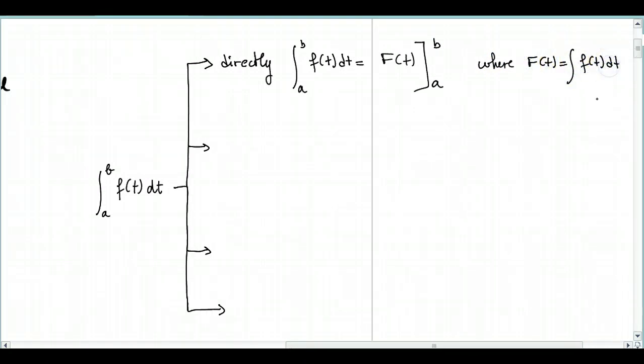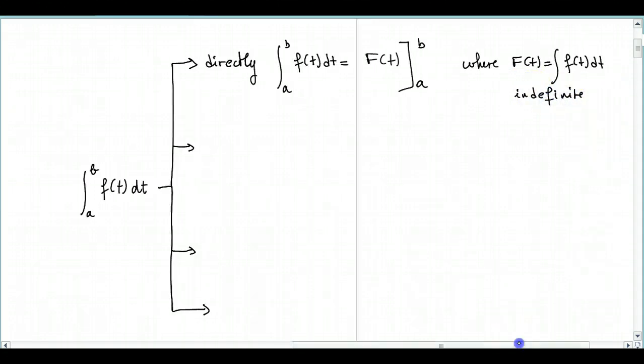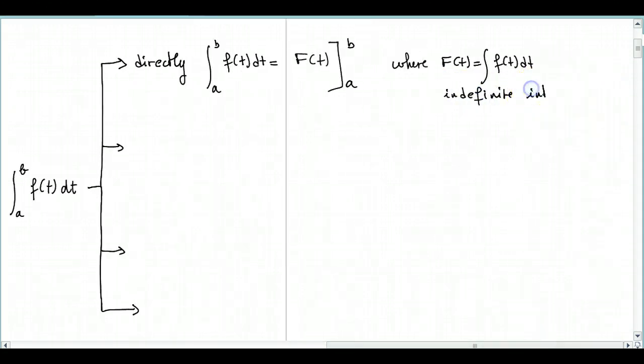This is not a definite integral, this is an indefinite integral, right? And it's the same as an antiderivative. So this is a direct approach.